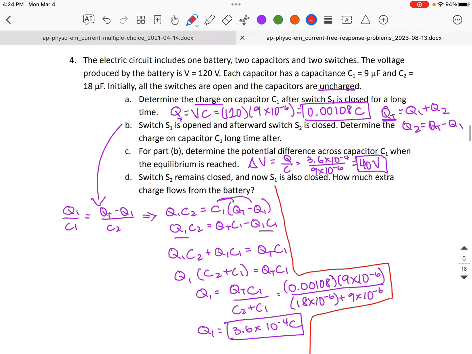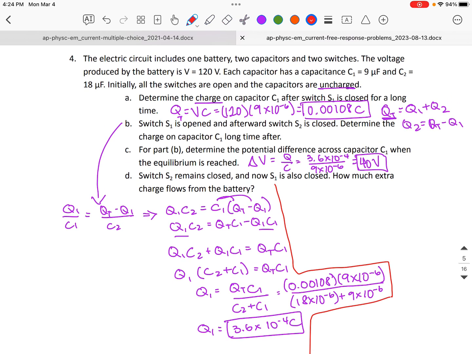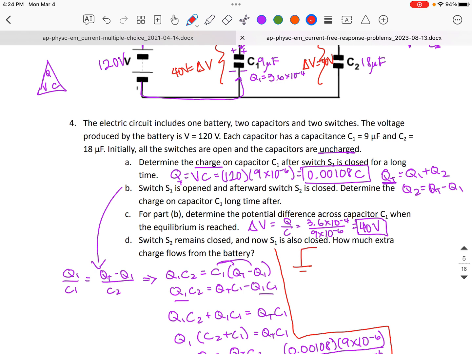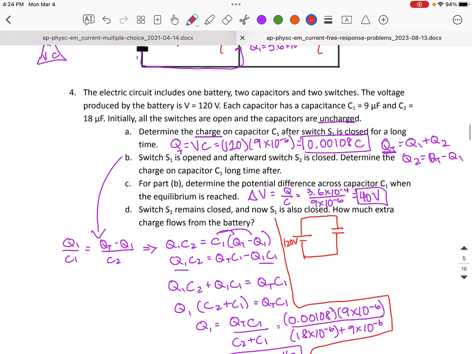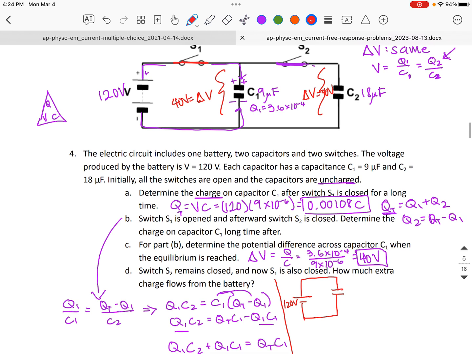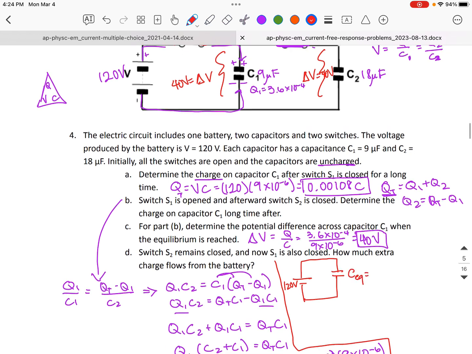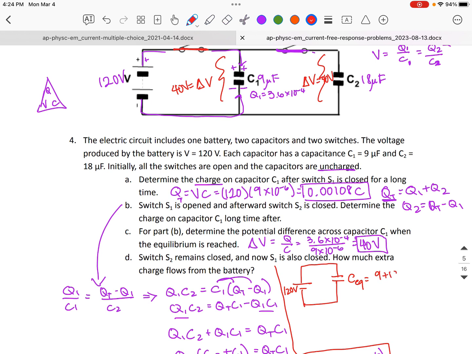I probably will make this messier than it needs to be, but for part D, I'm going to rewrite this circuit so that I just have one capacitor in series with my 120 volts. And because the capacitors are in parallel, the C equivalent is going to be 9 plus 18 microfarads.